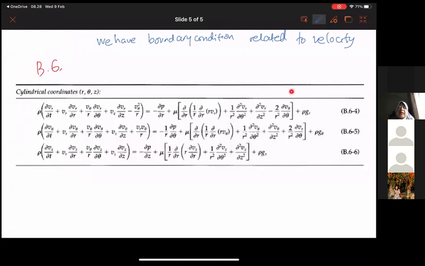Again, the equation that we're looking at is the one in the direction of the flow. The flow is in the direction of z, so we can use the gz over here.